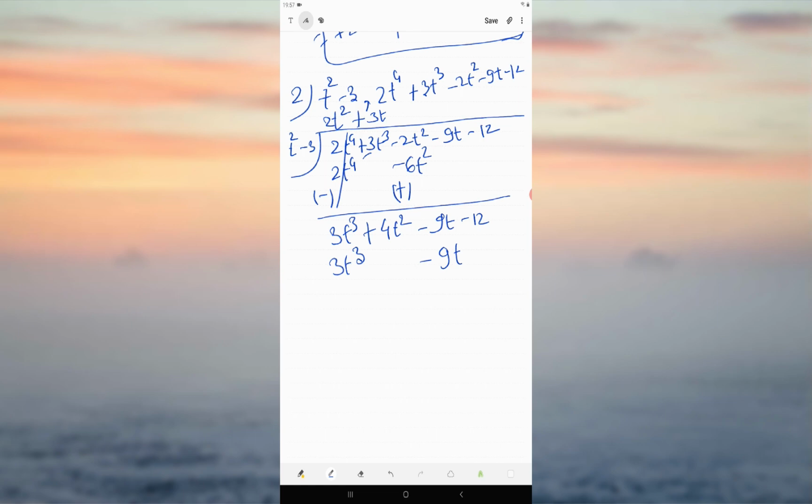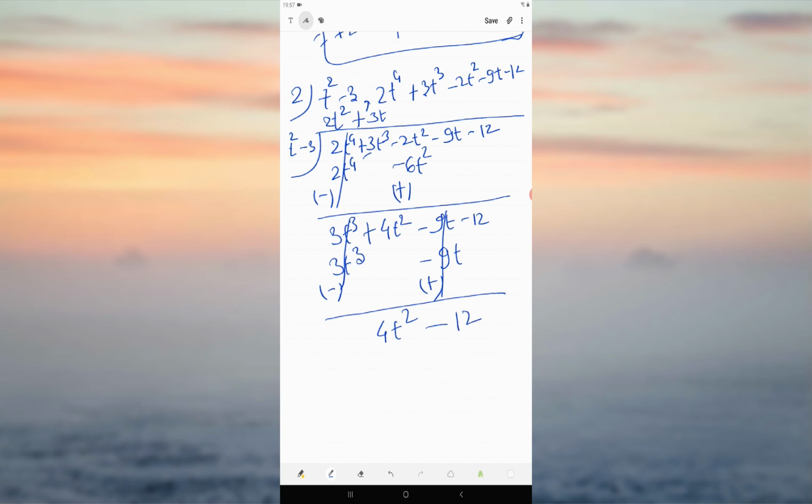Now do the subtraction, so minus, and this will become plus. The sign will be changed as I have told you already. So 3t³ cancels out, minus 90 plus 90 also cancels out. So what I am left with is 4t² minus 12.